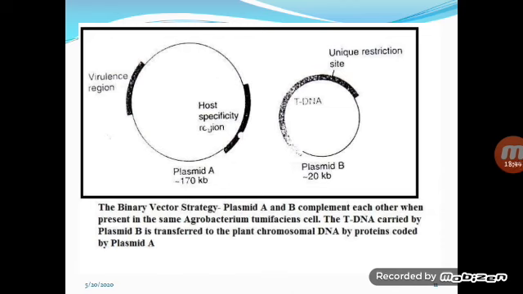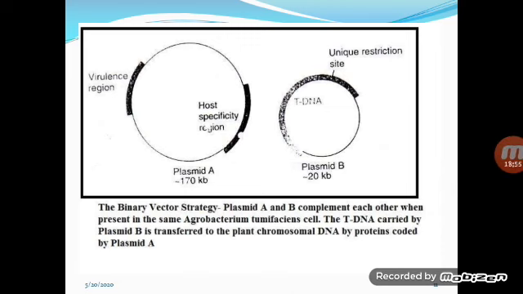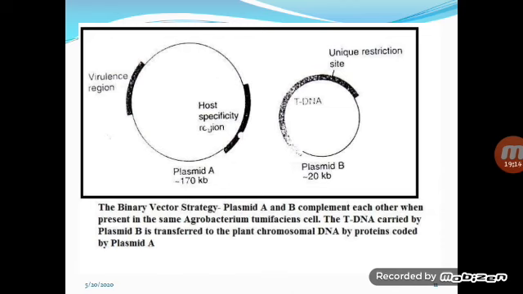Suppose one is plasmid A and the other is plasmid B. Virulence regions are present in plasmid A, and the host specificity region is also present in this vector, while in plasmid B the T-DNA border region is present with unique restriction sites.